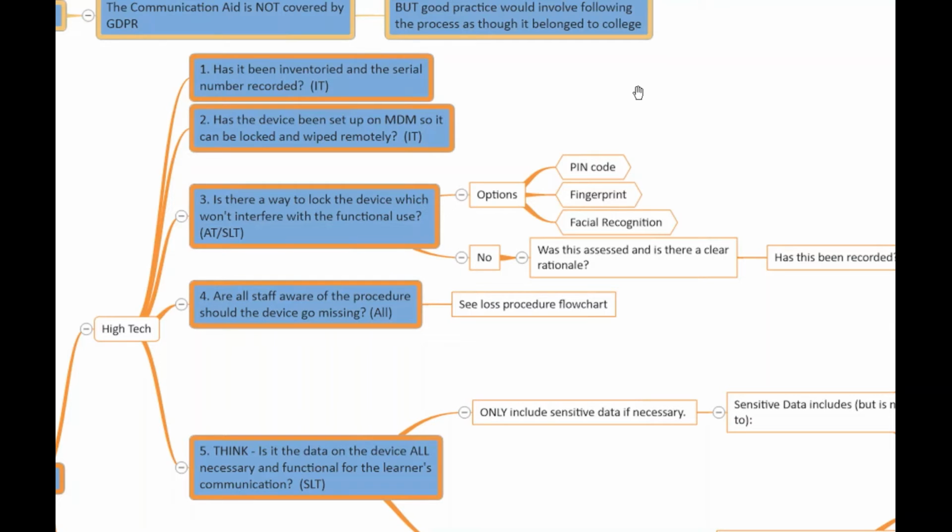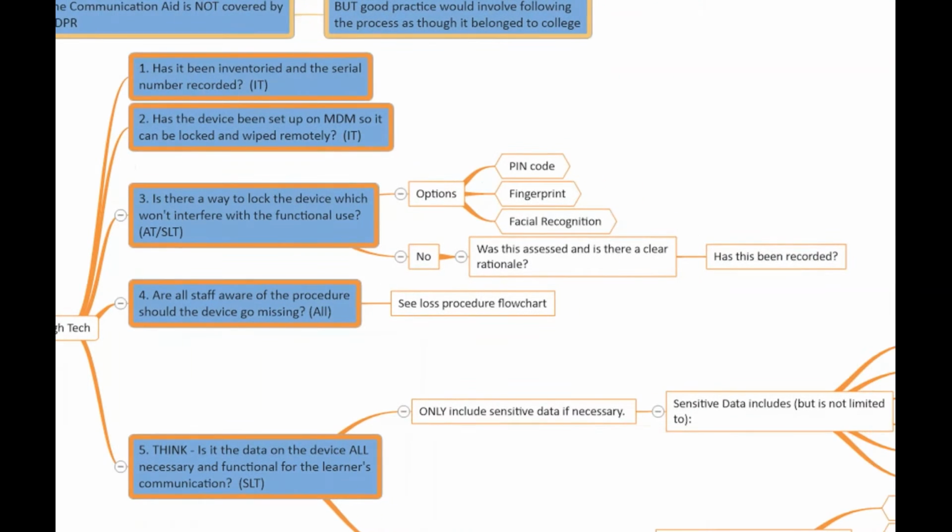Now, for most people using AAC, using high-tech AAC, the answer to this really is going to be no, because if you're wanting to communicate using technology, and you have to put in a PIN, a 4-digit PIN or a 6-digit PIN every time you want to say something, there's a clear and obvious barrier to your communication there, and we don't want that in place for most people.